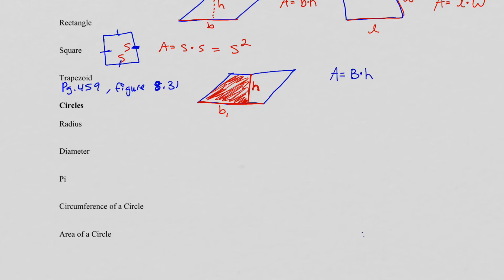But if you notice that the parallelogram has another part of the base, which we're going to call base 2. So the whole base, the capital B, is made up of two bases, base 1 plus base 2. Okay?